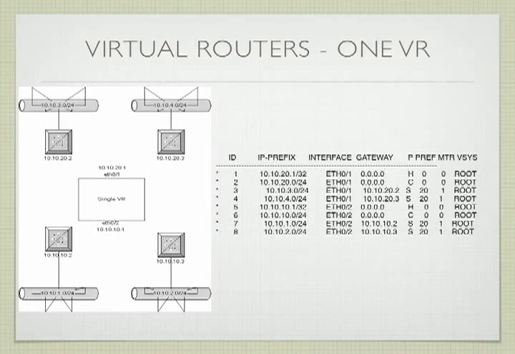So connected routes that are automatically created have the lowest preference and metric numbers. Lower preference means we're going to use them first. So 0 and 0, nothing gets routed before a connected interface IP or a connected network to the device.